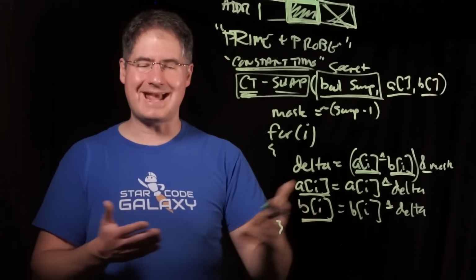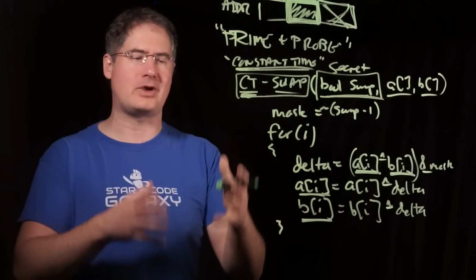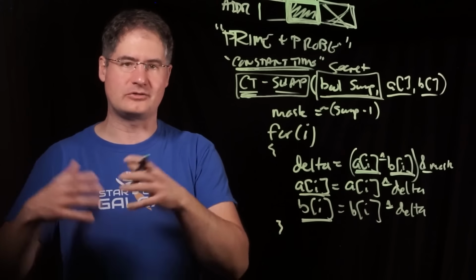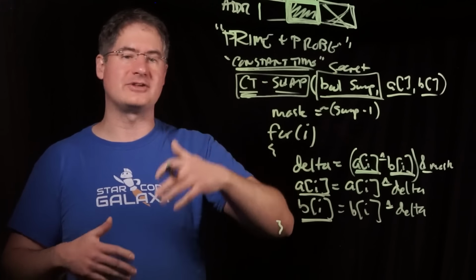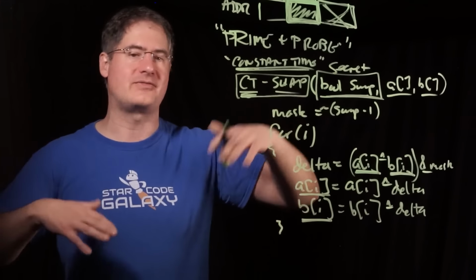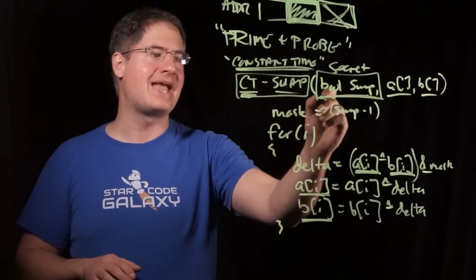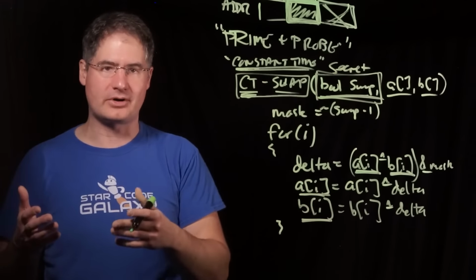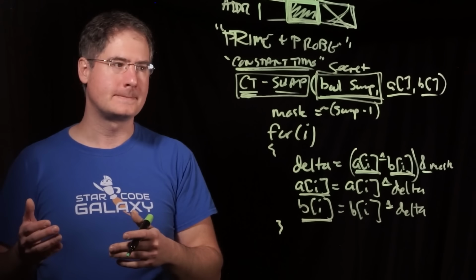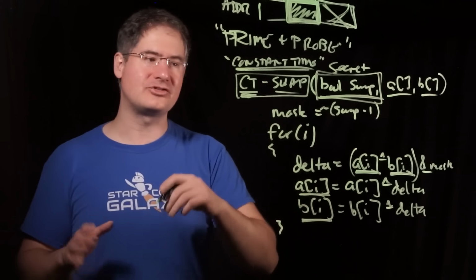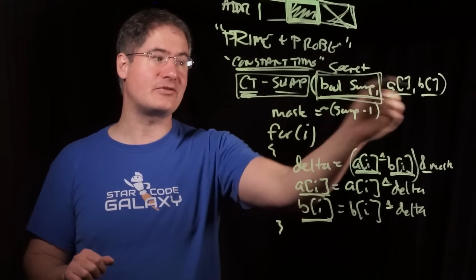Now you can imagine the actual situation in which this would occur. CT swap is like a primitive inside OpenSSL, so the attacker calls and asks for a message to be signed or to validate something or whatever, and something in that code calls CT swap, and this comes from the secret part of the crypto, right? The attacker who's watching should not be able to ever figure that out. It's never going to get told.